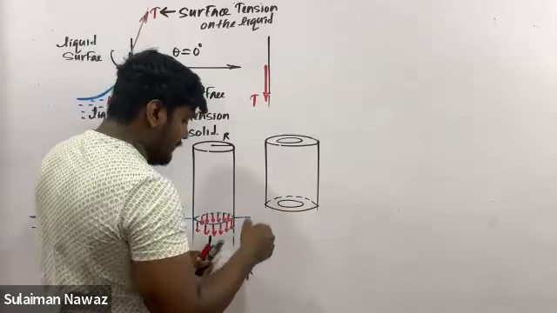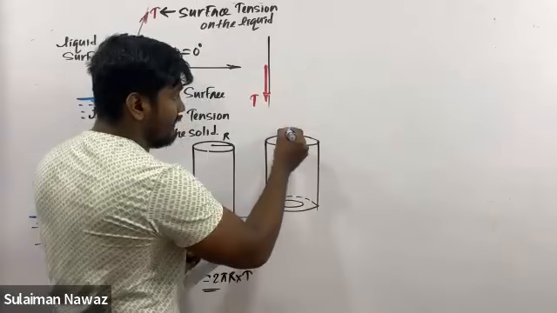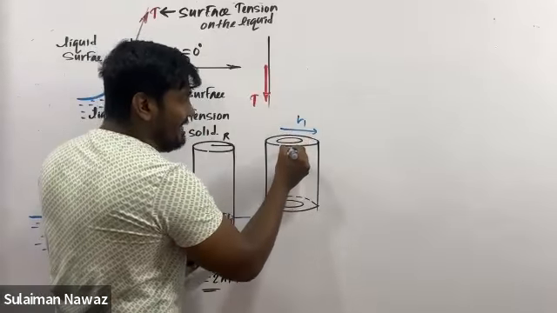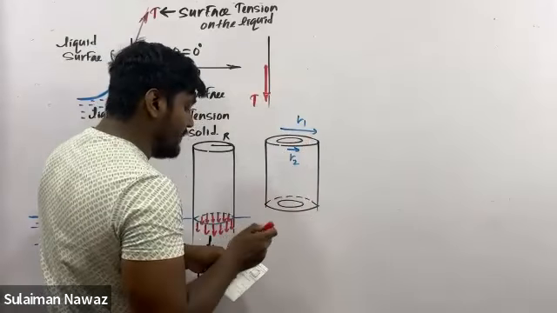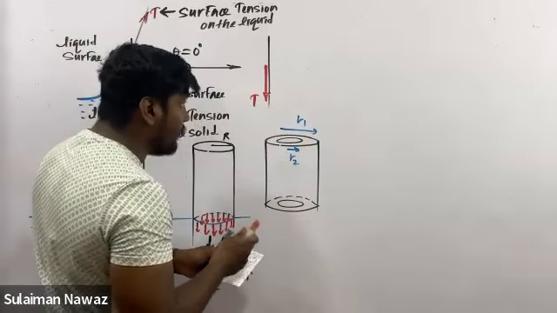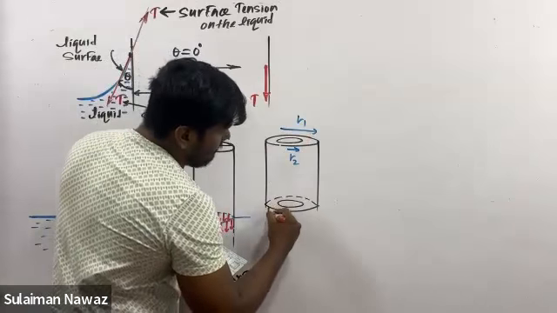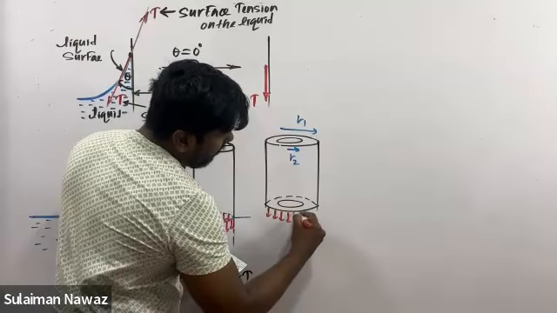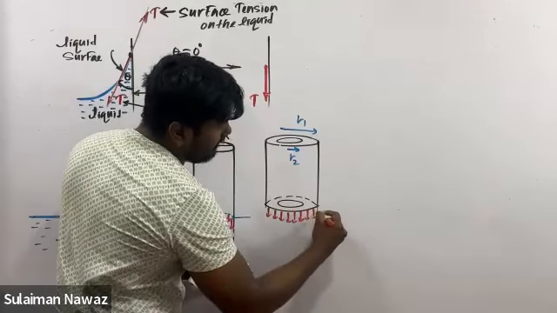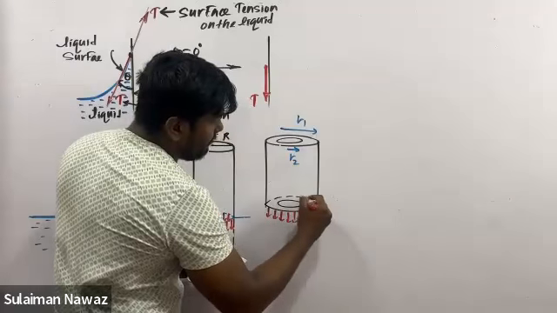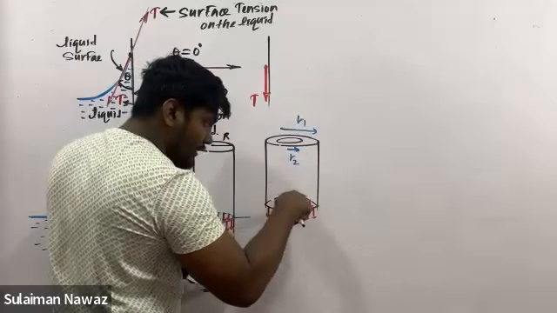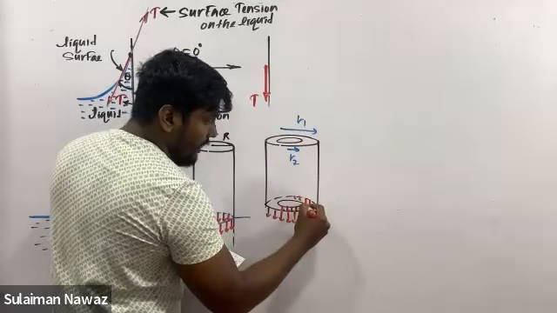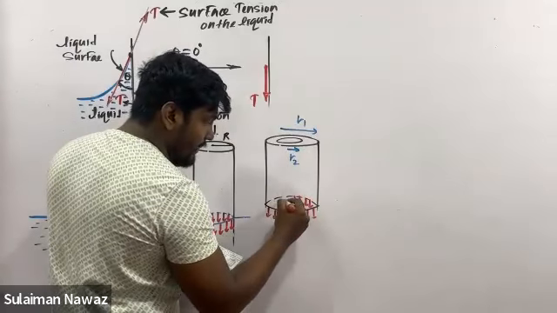If the external radius is R1 and the internal radius is R2, there will be surface tension forces exerted along the external circumference of the hollow cylinder, and also internally, because inside there is also liquid touching the solid.